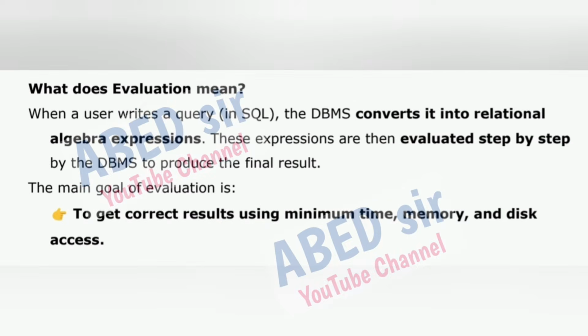When a user writes a query in SQL, the DBMS converts it into relational algebra expressions. These expressions are then evaluated step by step by the DBMS to produce the final result. The main goal of evaluation is to get correct results using minimum time, memory, and disk access.